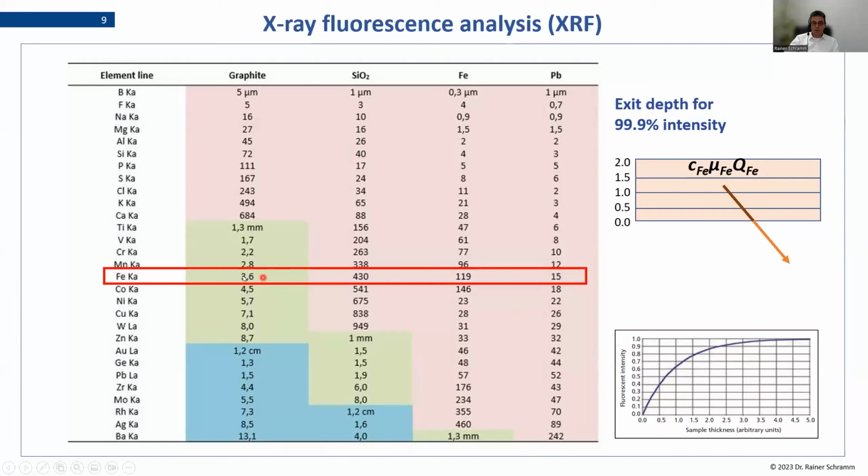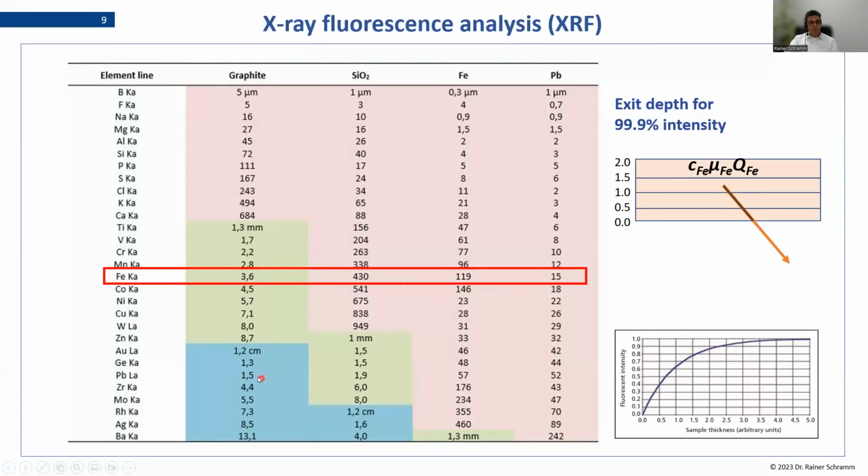While graphite, you see, I can make a pressed pellet out of it. It's just 1 millimeter thick, and then I'm far away from my thick sample. And also, if people are analyzing heavy metals in, for example, plastics, like RoHS application, then they would, for example, analyze lead.